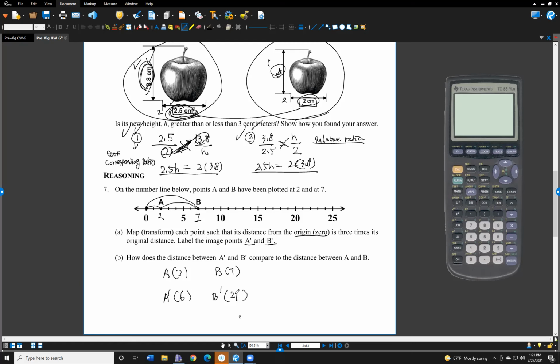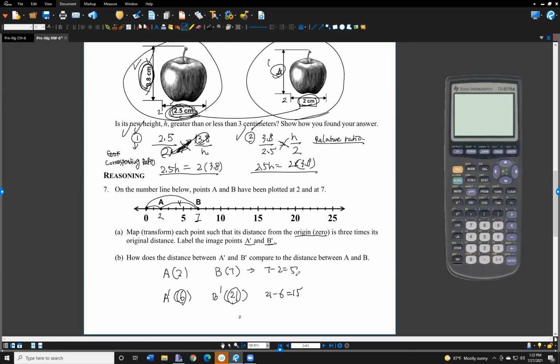Anyway, their distance will be 3 times again because that is a proportion. Any corresponding side increases at the same rate. Distance, distance, same corresponding distance, right? This is how much? 7 minus 2 is 5. What is the distance? 21 minus this, okay? The large number minus the small number is 15.